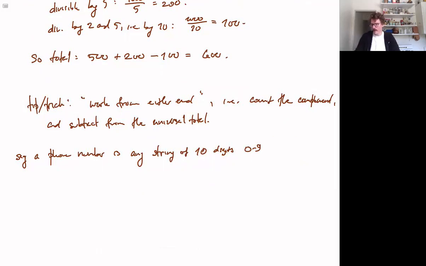So let's just say a phone number is just some string of 10 digits. How many phone numbers have at least one 9?